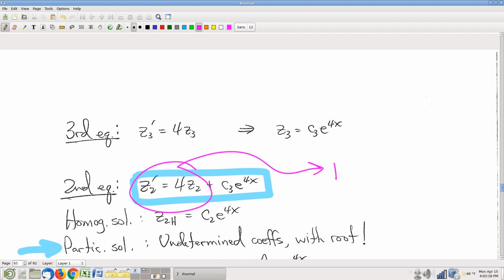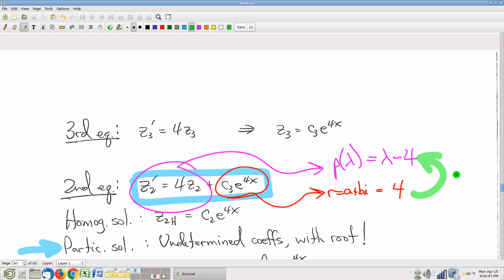Write down your characteristic polynomial. Look at your right-hand side, write down your magic number, again per the theorem in section 4.3.